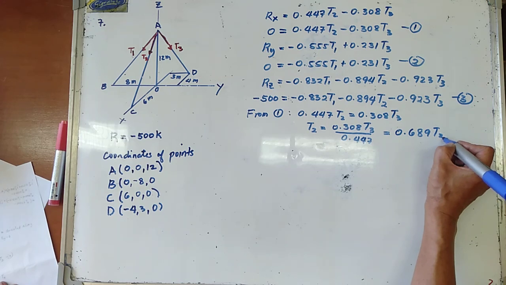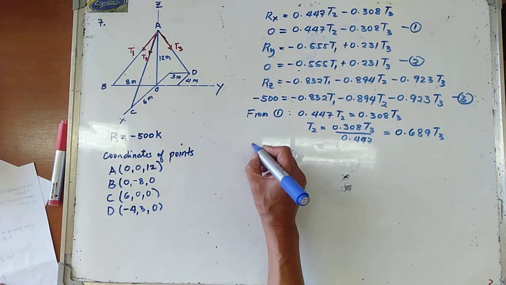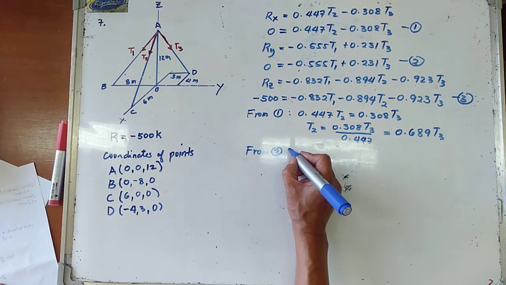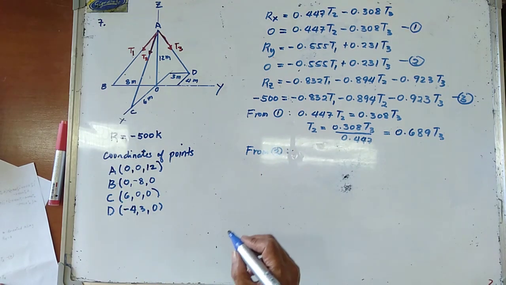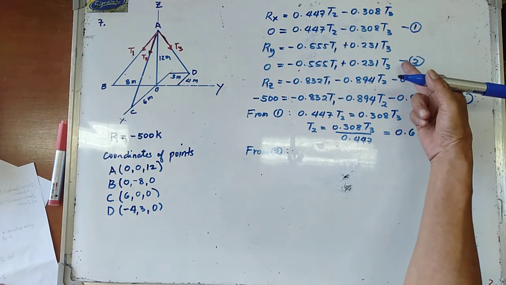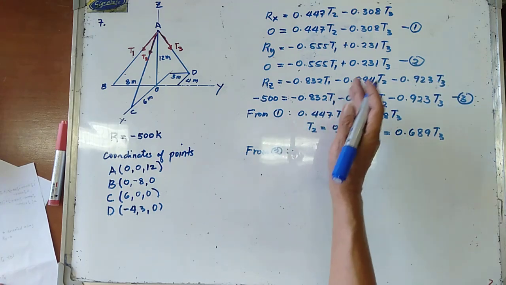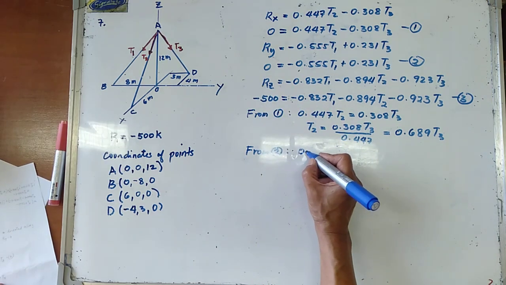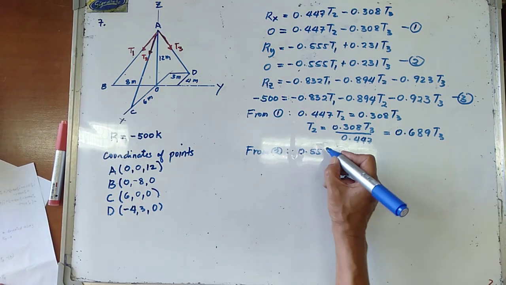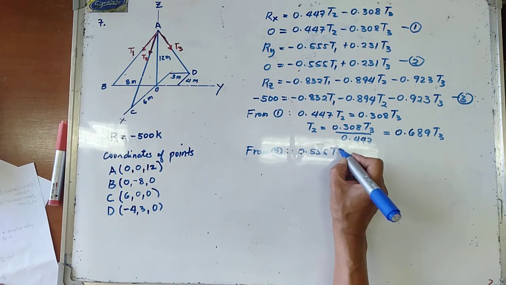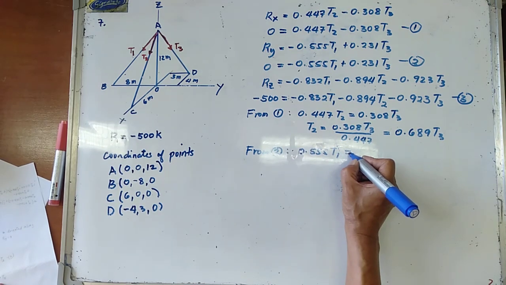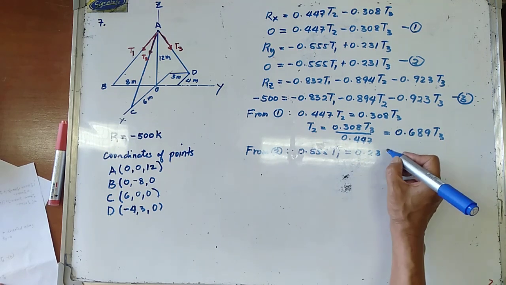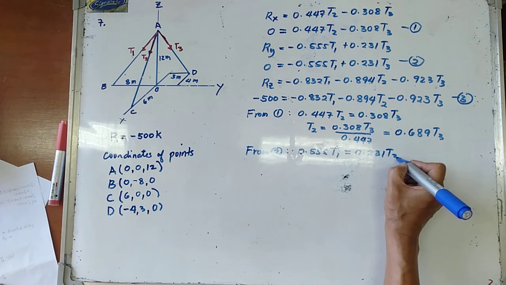Now, from equation 2, transpose this to the other side of the equation. 0.555 T1 is equal to 0.231 T3.